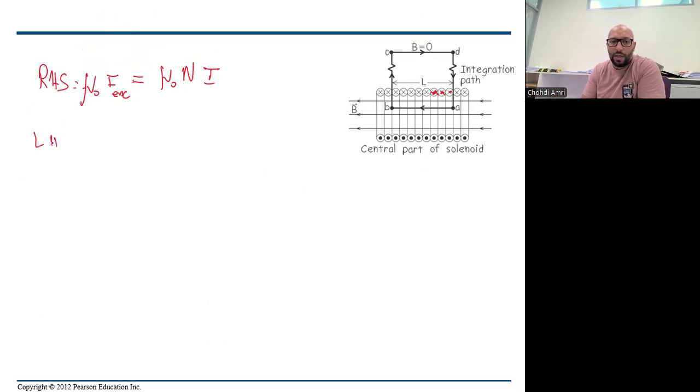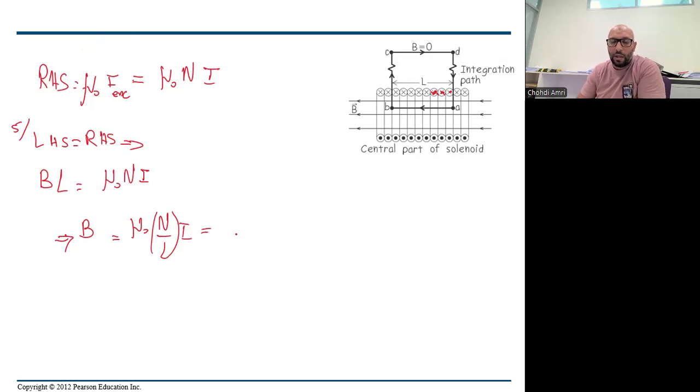So we can say, step number 5, left-hand side equals right-hand side. We can say that BL equals mu naught n I. That means B equals mu naught n over L times I. As we said before, n over L is the number of turns per unit length, which is a small n, multiplied by I.